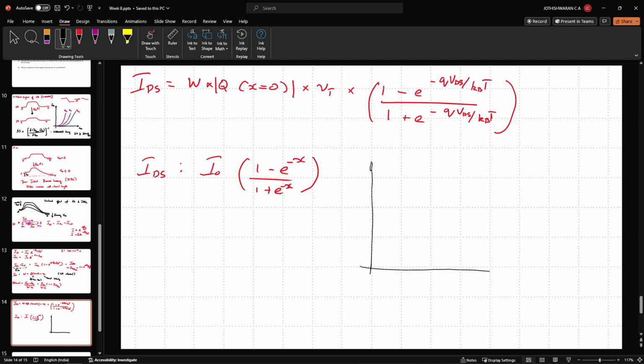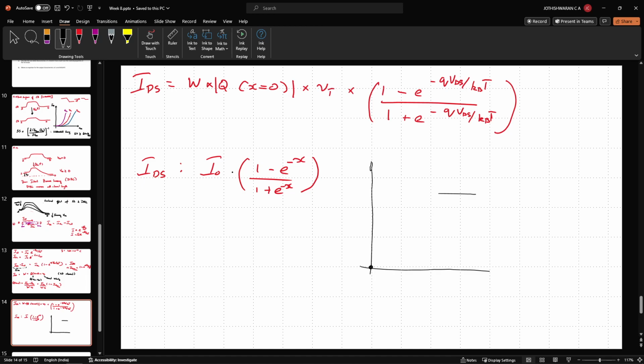So this I naught is the saturation current. For very large values of VDS, when x becomes infinity, my current will become more or less flat. And at x equal to 0, this is 1 minus 1, which is 0, so it starts at 0.